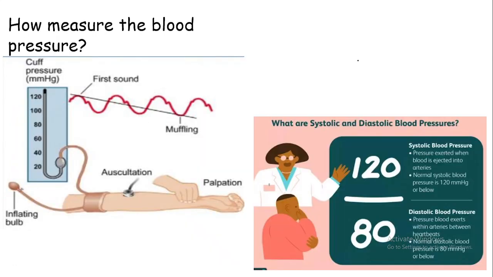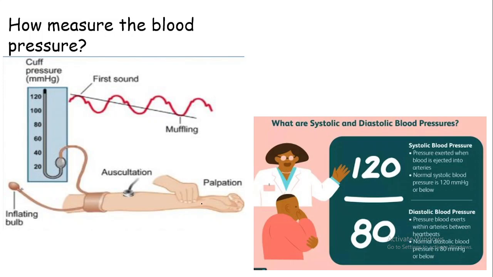Next, how to measure blood pressure? Most of us are aware of an instrument called a sphygmomanometer, which has a velcro cloth made of flexible, extended cloth-like material that is used to wrap and cover your arm region.